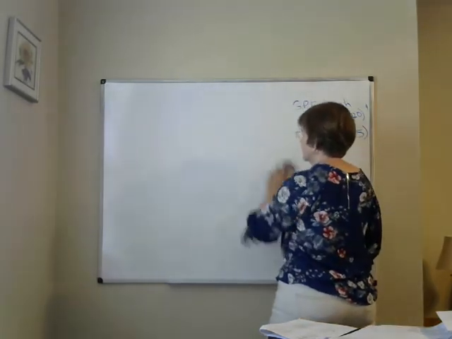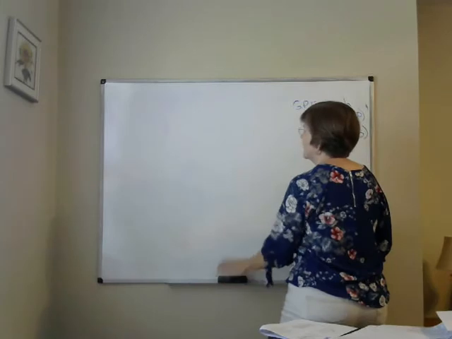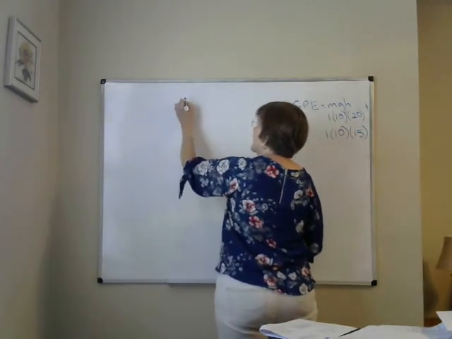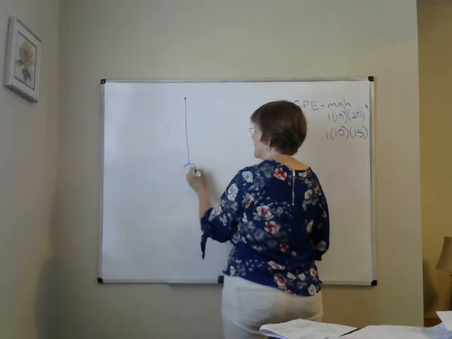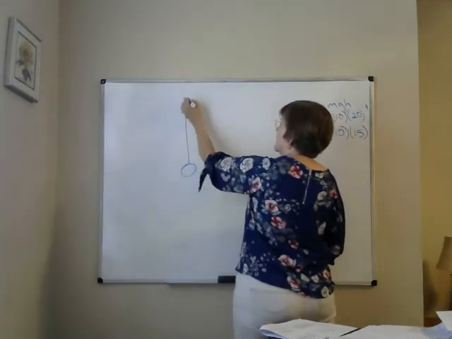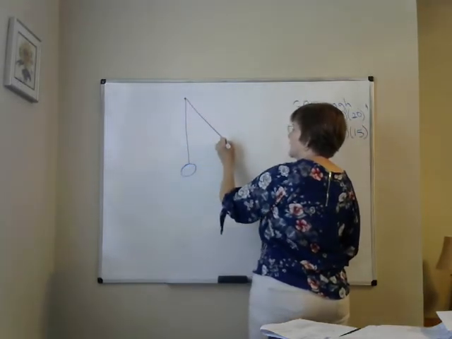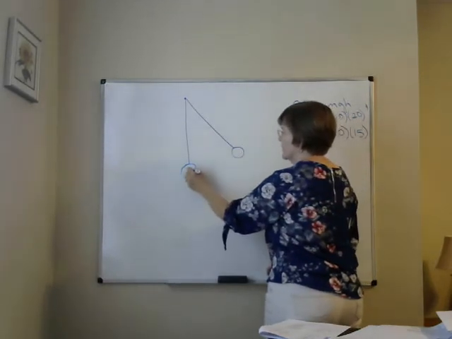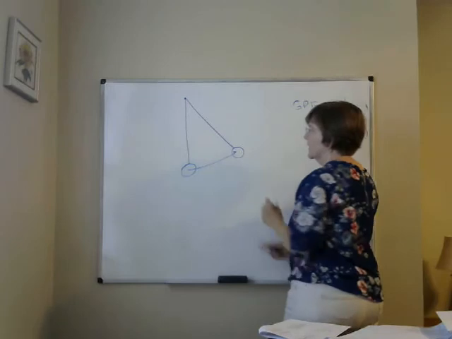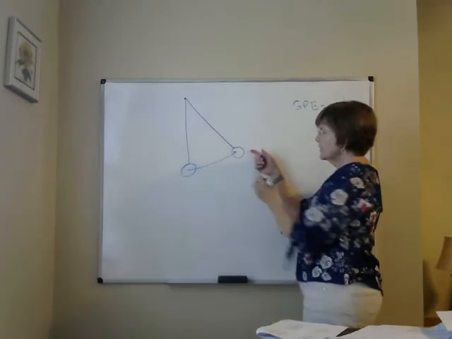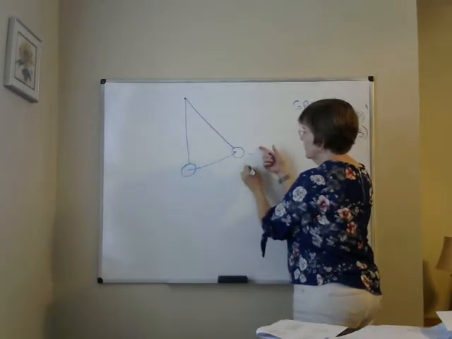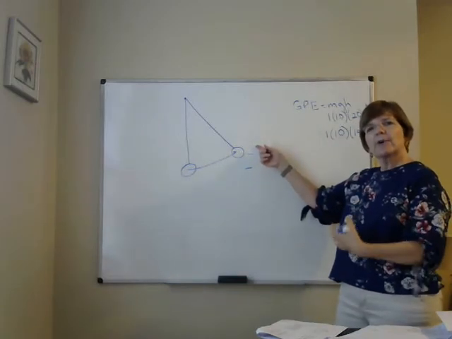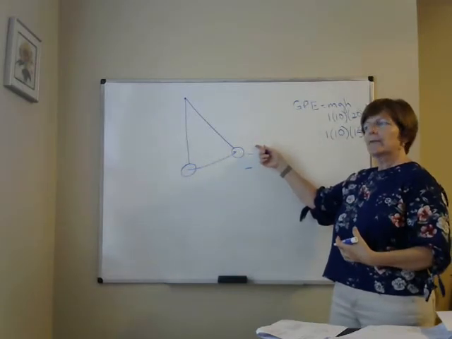Let's do a pendulum for a minute. We have a pendulum. That's basically a mass on the end of a string. If we pull it up here and we let go, all we do is we pull it up here. By pulling it up here, notice it's a little bit higher than it was. We've given it a small amount of gravitational potential energy.